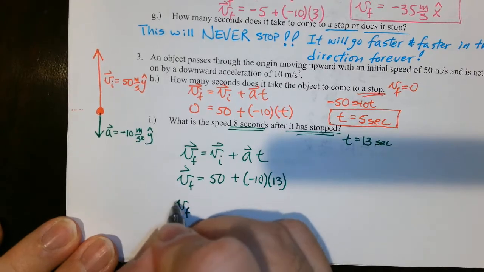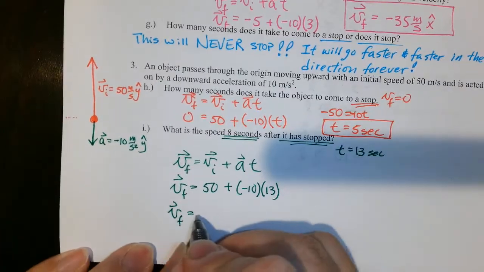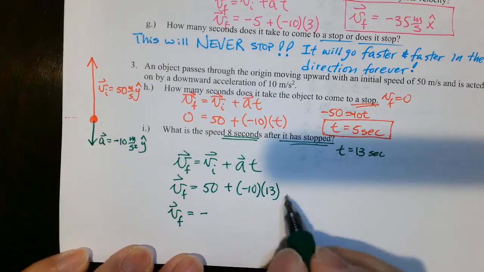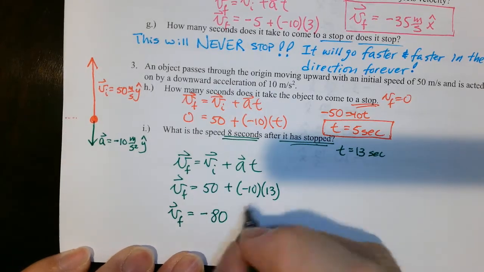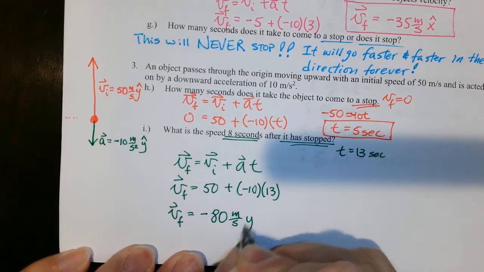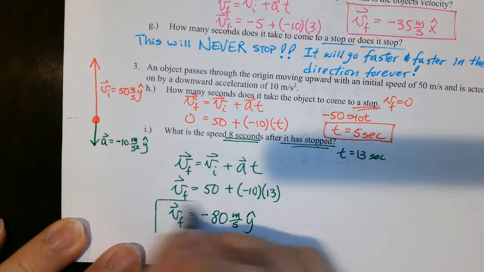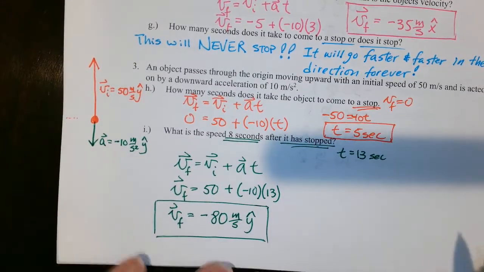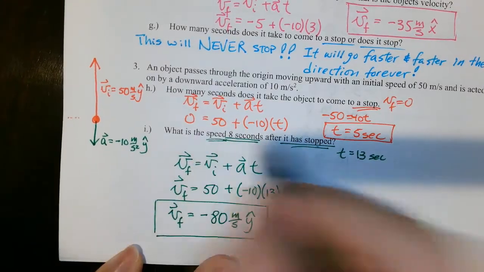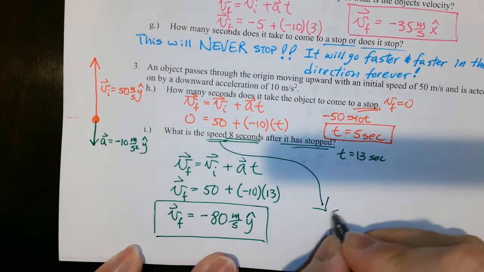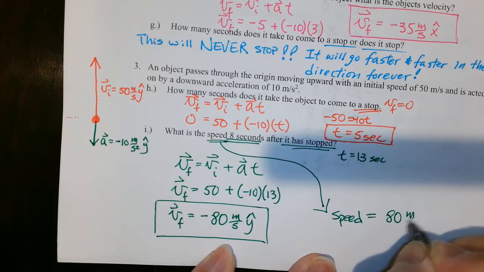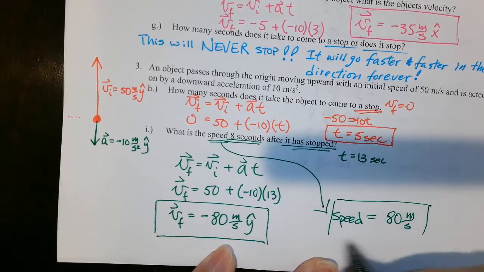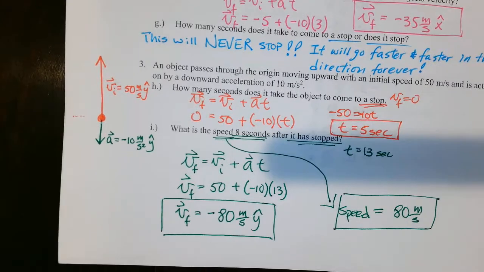So my Vf is equal to negative 130 plus 50, which is negative 80 meters per second y hat. So that's my final velocity after 13 seconds. However, since they want the speed, at 13 seconds it is just 80 meters per second. No direction needed. All right, it's just 80 meters per second.